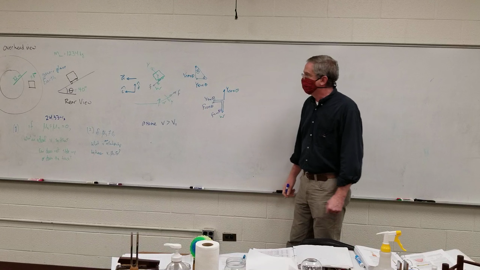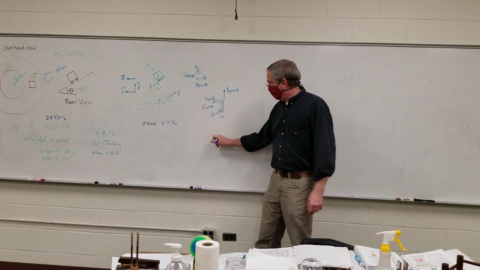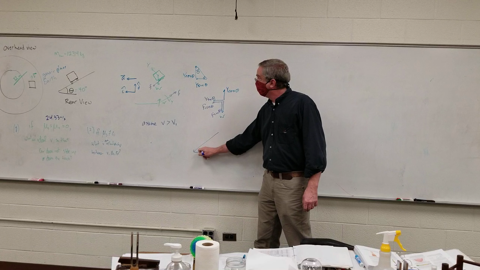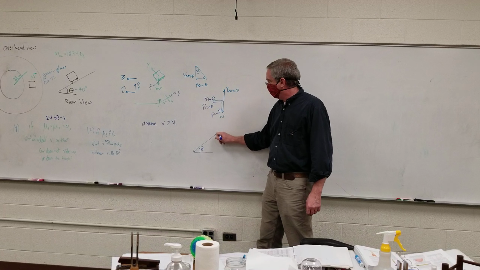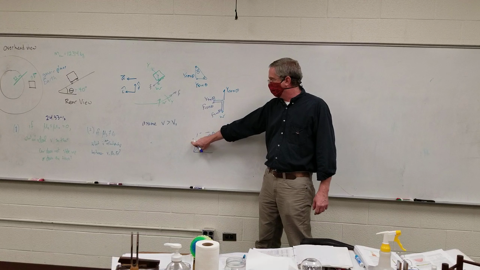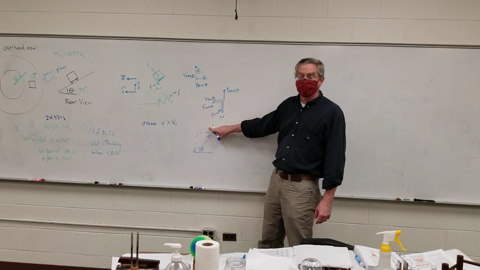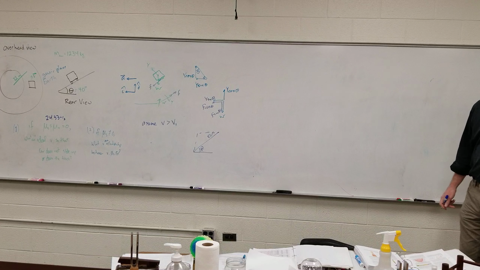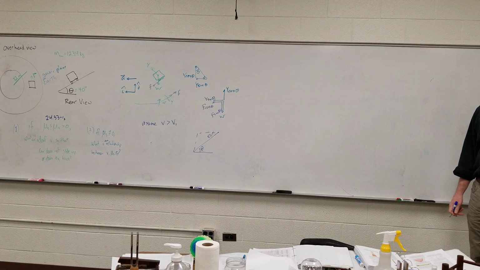Gotcha. Another way of looking at it is that friction is acting down the ramp at an angle of theta, and so that angle there is theta, so this would be friction sine theta and friction cosine theta. Yep, okay. Making it more complicated.